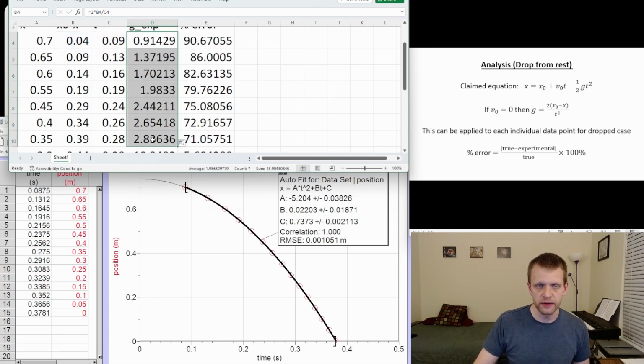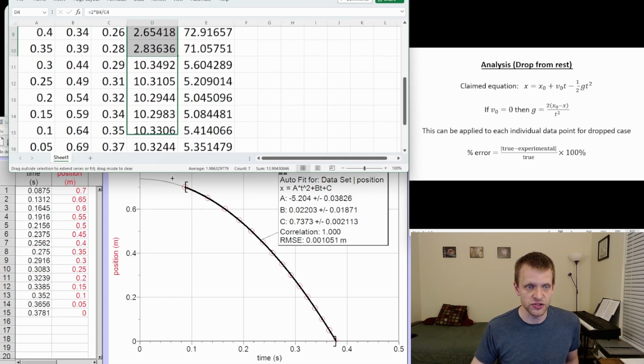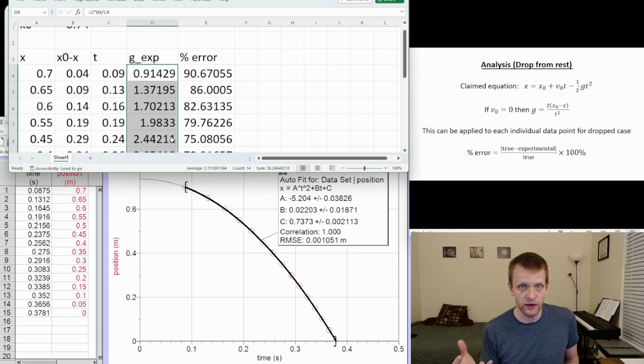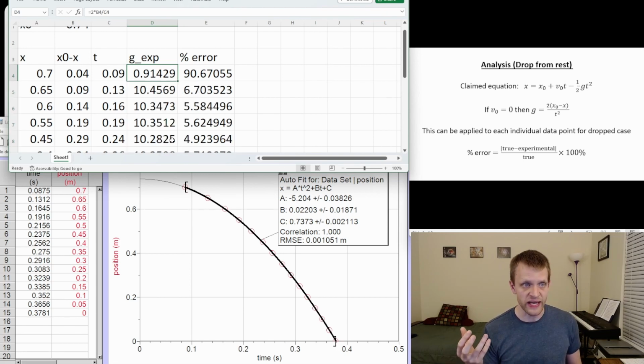Notice all of these numbers are going to be really different from each other. If I don't have that time squared value, when I go to these different times, not only do we not get the same value showing up, the values are all different for each one of those different changes in times. We have to use the squared value in order to get a reasonably accurate measurement of the value of g.